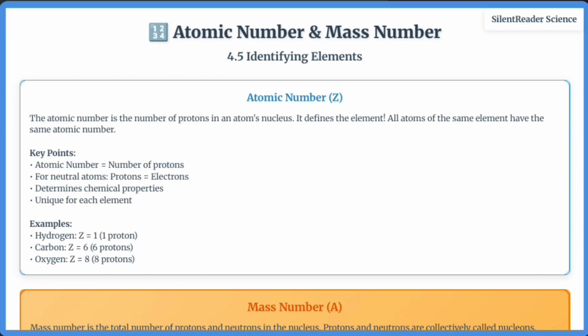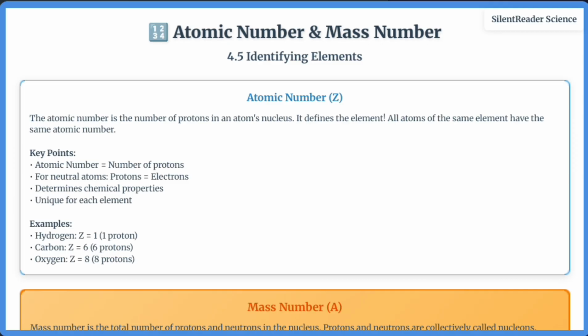Now let's learn about atomic number and mass number. The atomic number, Z, is the number of protons in an atom's nucleus, and it defines the element. All carbon atoms have 6 protons, all oxygen atoms have 8 protons. The mass number, A, is the total number of protons and neutrons. Protons and neutrons are collectively called nucleons.